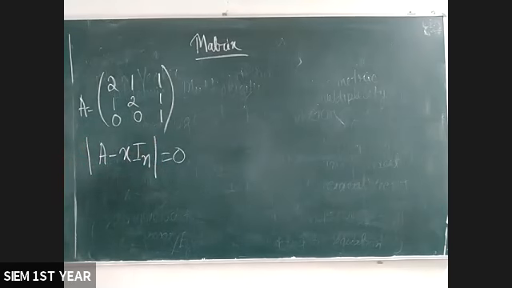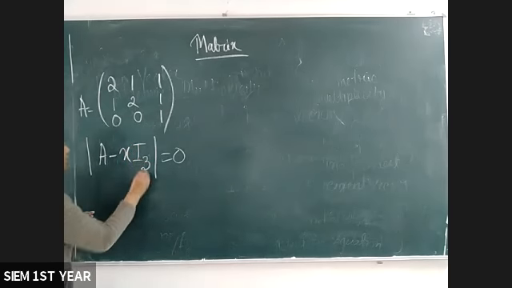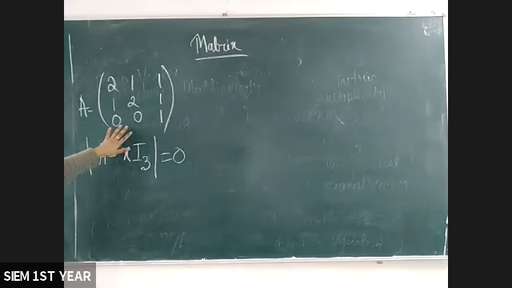So first you have to write this equation. Then the characteristic equation of A is determinant of A minus xI equal to 0. Sorry, not I, this will be I3, since A is a 3 by 3 matrix.